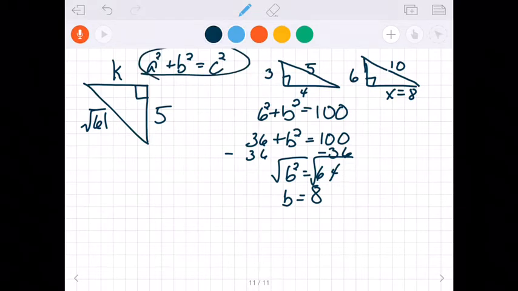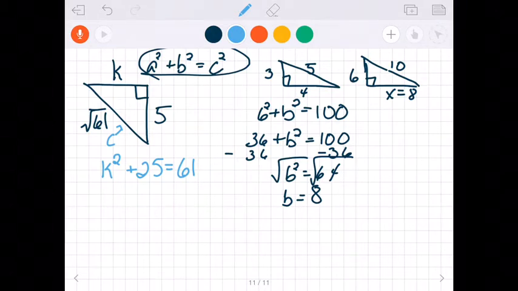We know that this side is c because it's the hypotenuse. The hypotenuse is always c. So we can write out k squared plus 25 equals 61. I got 61 because a square root times itself equals what's under the radical.